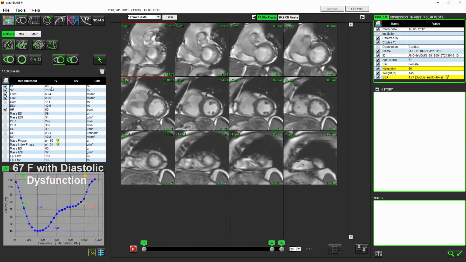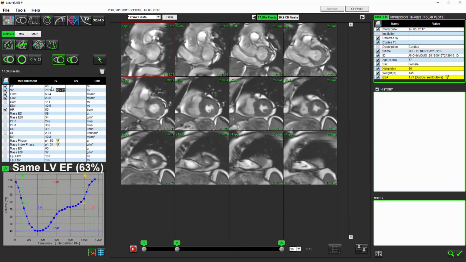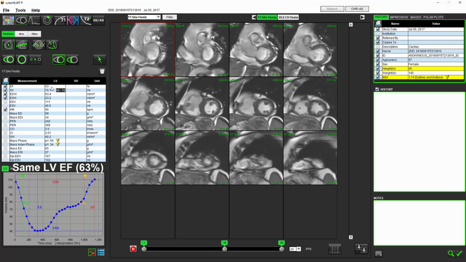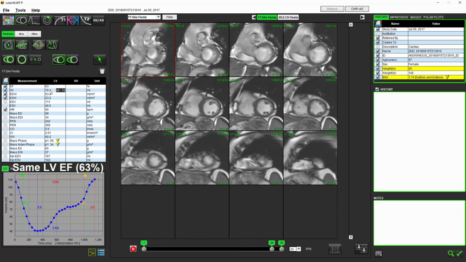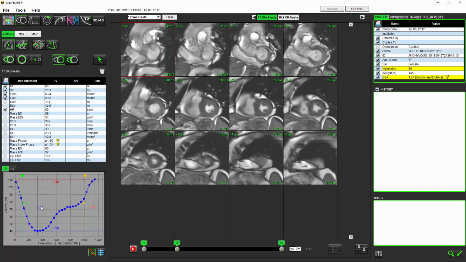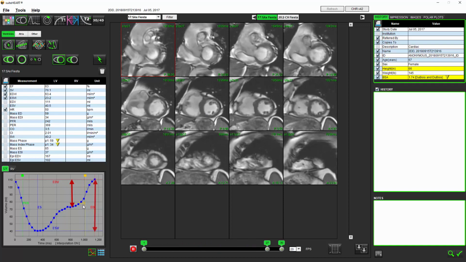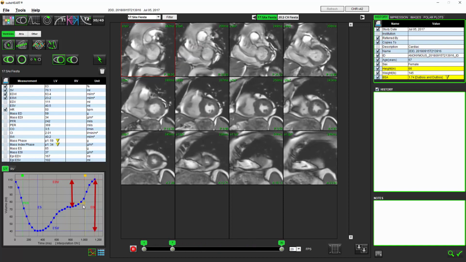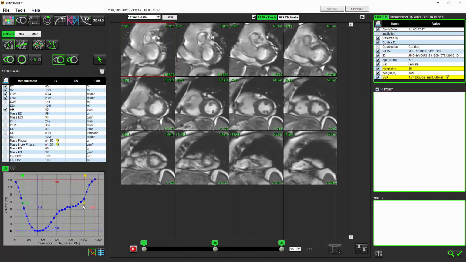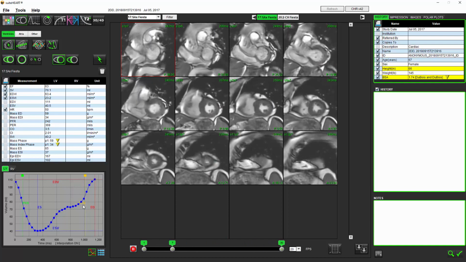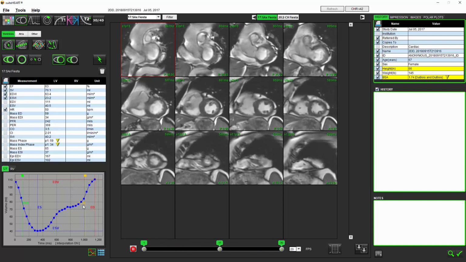You can see her ejection fraction is about the same at 63%. The last patient's ejection fraction was 62%. And here's the volume versus time curve, and you can see atrial contraction is responsible for a greater amount of filling of the left ventricle. That information wouldn't be available if you only traced end diastole and end systole.